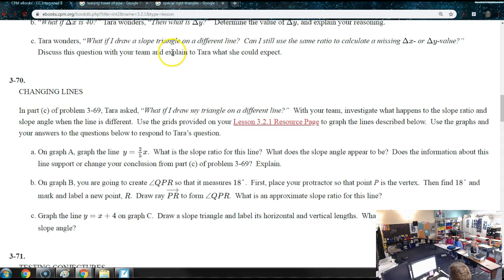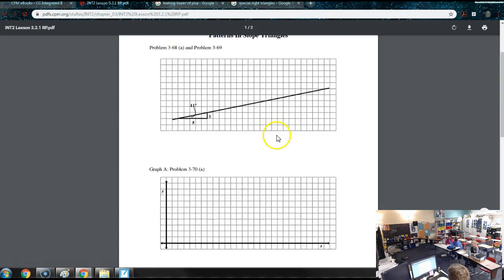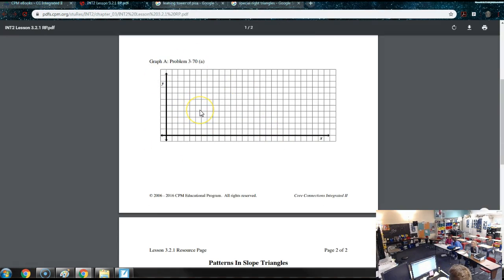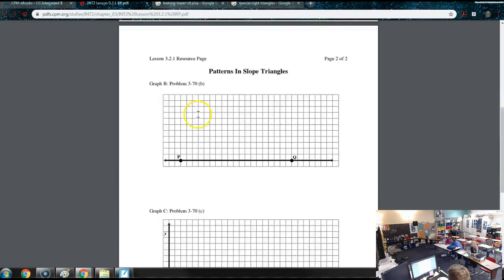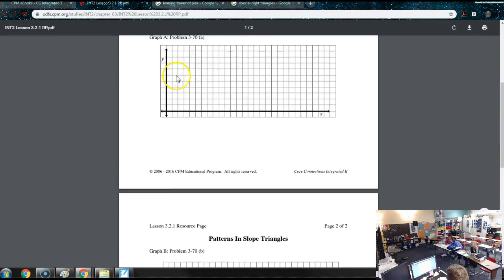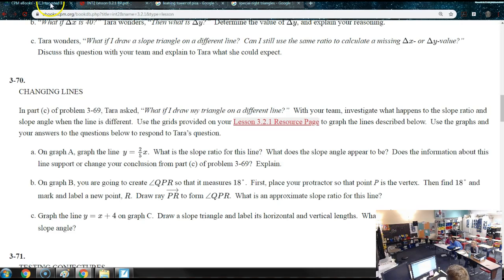So on your resource page, part A, bottom of your front resource page, we want to try this with the line y equals 2/5 x. Now you have a protractor.